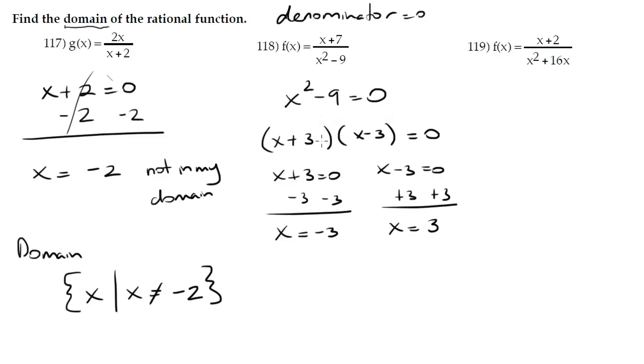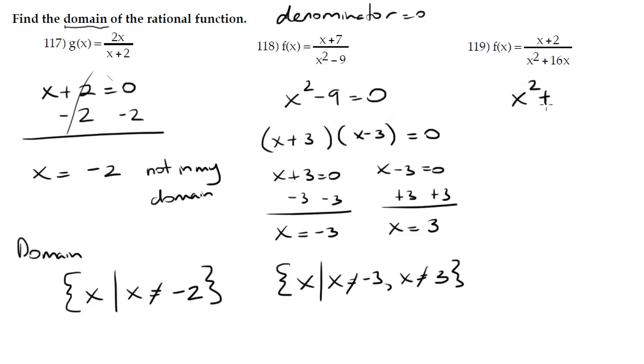So here I have two values that are excluded from my domain. Two values that x cannot be. My domain here is all x values such that x does not equal negative 3 and x does not equal 3. If x equals either of those two values, this rational function would be undefined, and that's no good for us. So these two values are excluded from my domain.